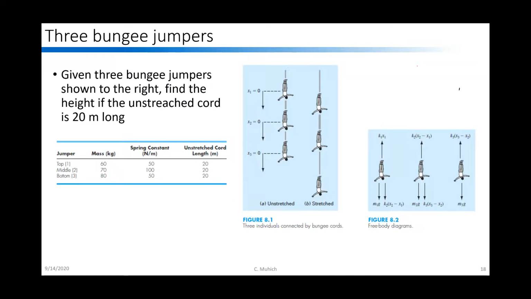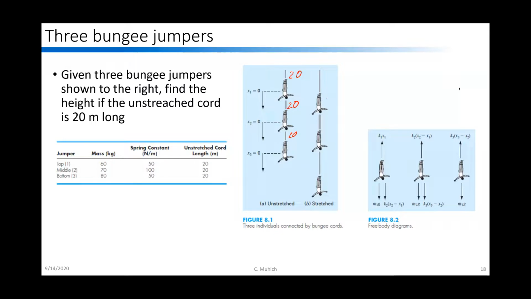So let's assume that we have 3 bungee jumpers shown here that are all tied together by a bungee cord that's 20 meters long before it's stretched. So there's 20 meters there, 20 meters there, 20 meters there. They're all chained together. We want to know how far each bungee jumper is downwards if they're all tied together in the stretched mode.